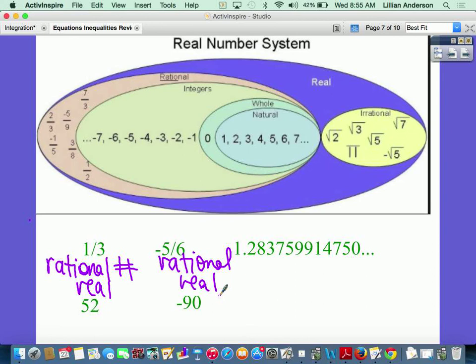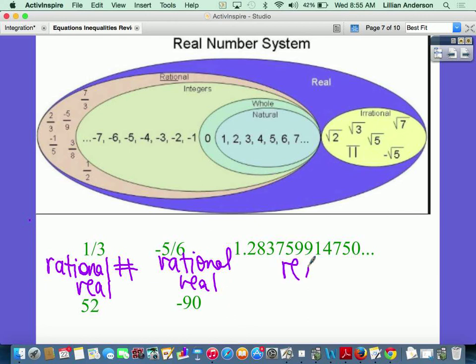This decimal, 1.28375991470 and so on, what is that? Well, it's not imaginary, because if it has an i, that means it's imaginary. If it doesn't, it's not. Can you actually put that back into a fraction though? It's a continuing decimal.